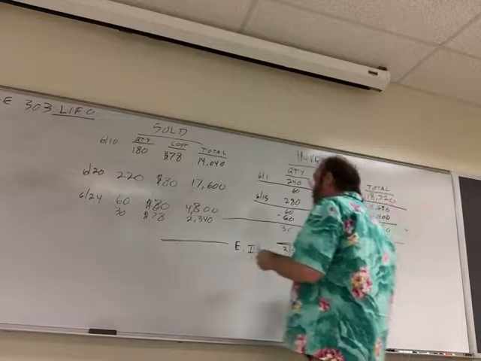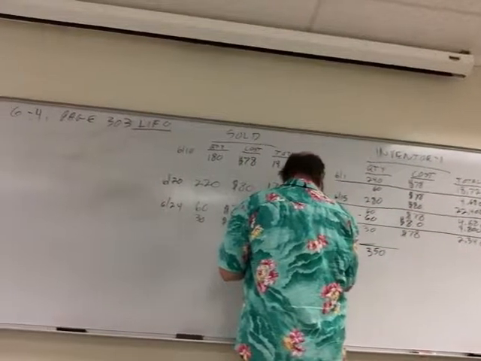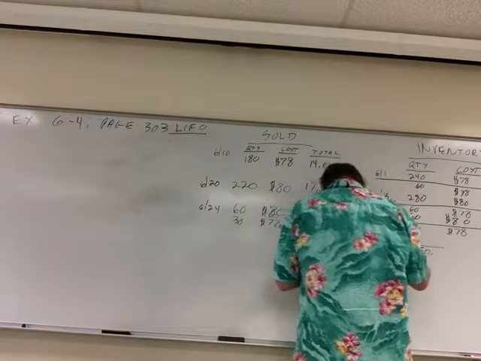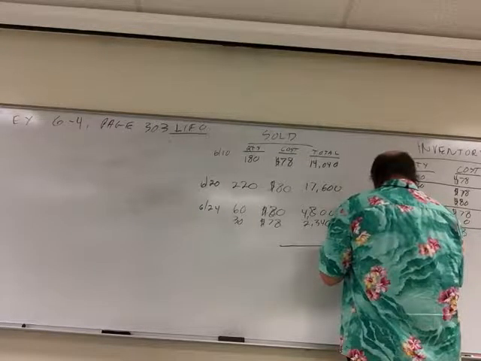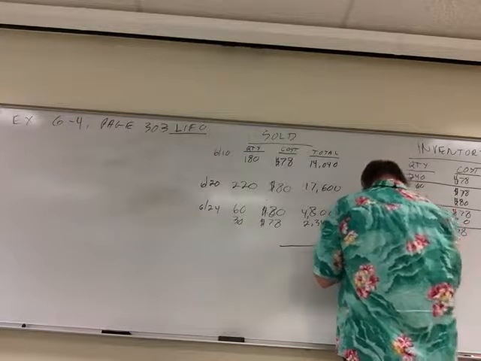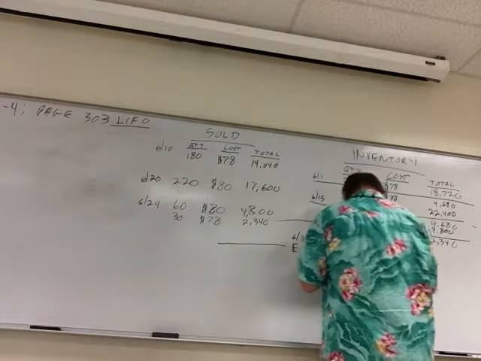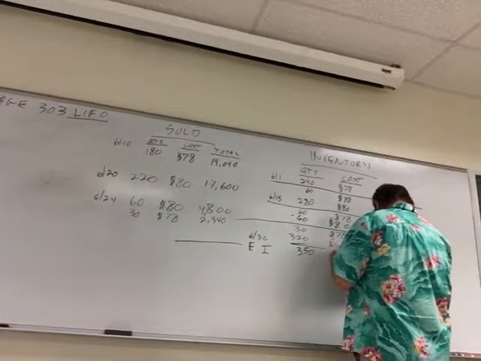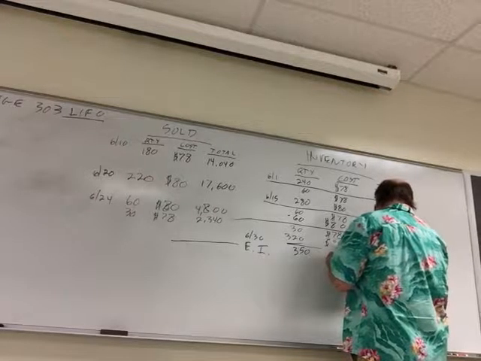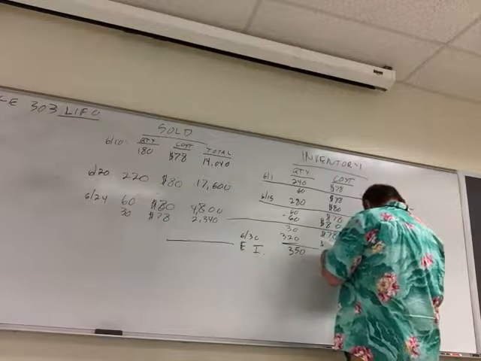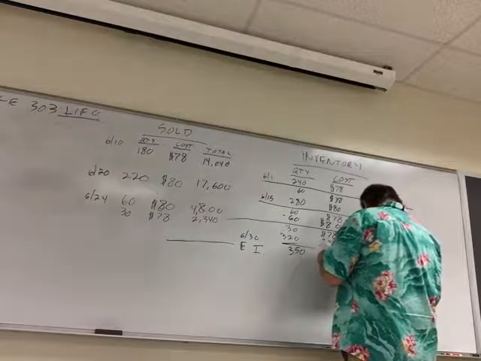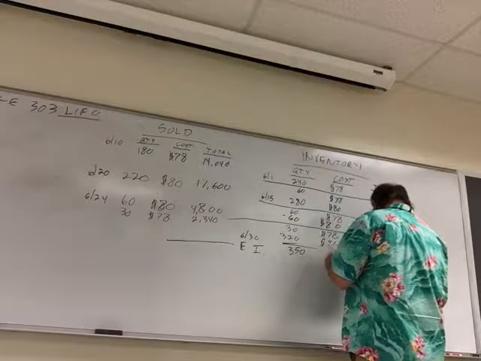$2,340. So when we come in on June the 30th and we buy the last 320 at 86, we have $27,520. Add those two together, we have $29,860.